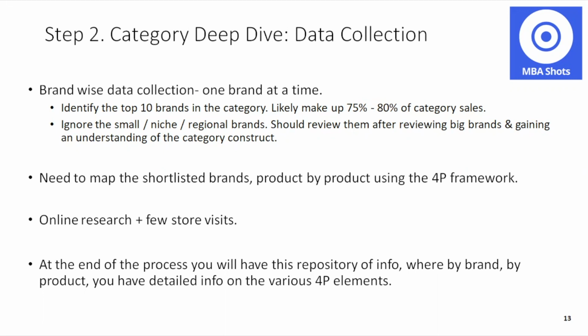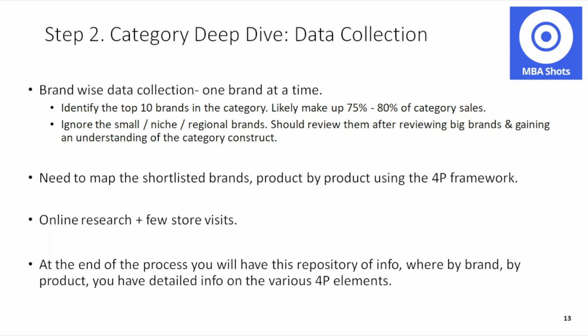The good thing is, in today's day and age, with so much information available online, that you can actually do this in the comfort of your office, in front of a laptop, coupled with just a few visits to the stores, just to physically touch and see these products and gain some more information, especially when it comes to elements like pricing or displays and promotions that would have been done in channels besides e-commerce. So what are they doing in modern trade? What are they doing in traditional trade?